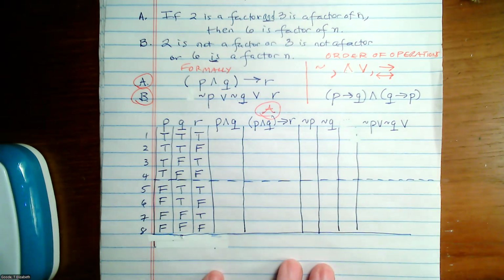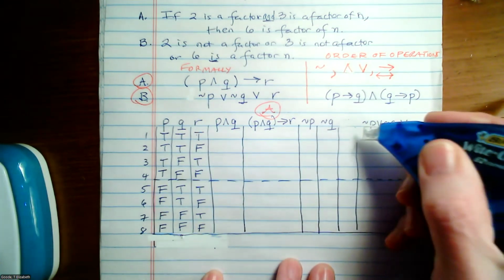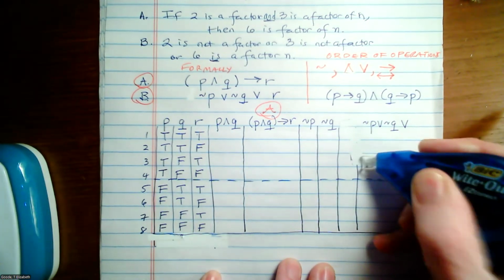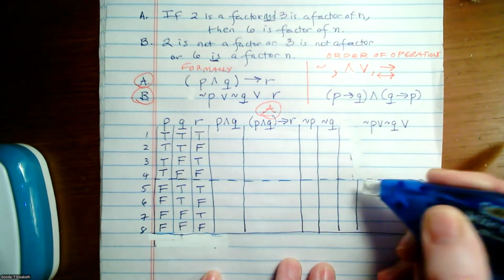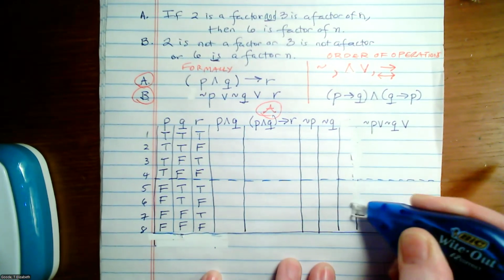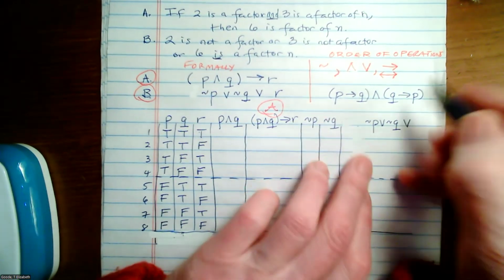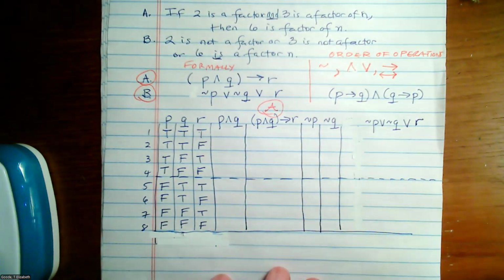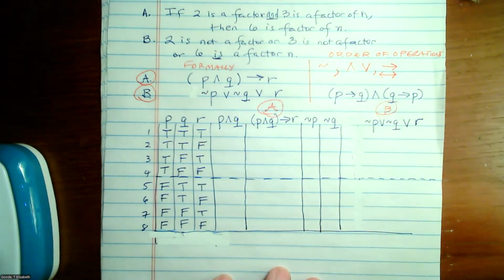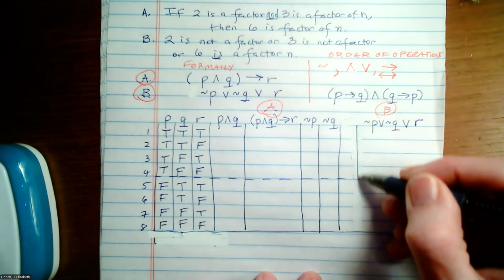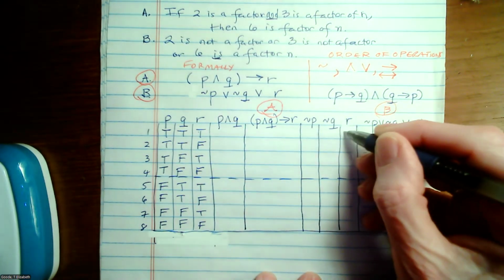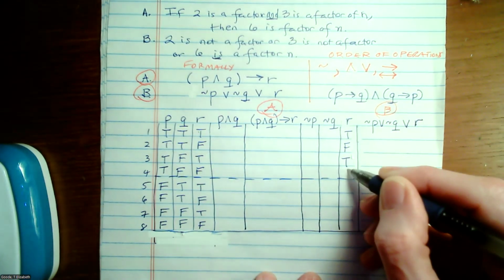Okay, great. So we actually don't need that column for not R, because there is no not R involved. So I'm just going to erase that mistake, and we'll have the column for B. All right, let's do this. Actually, we could go on and write R here just to make our life a little easier.